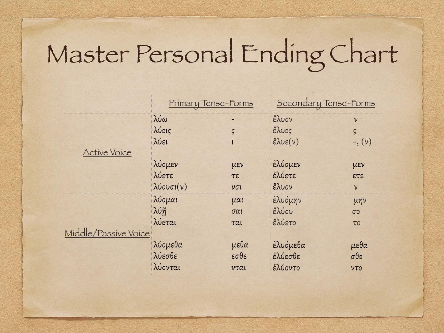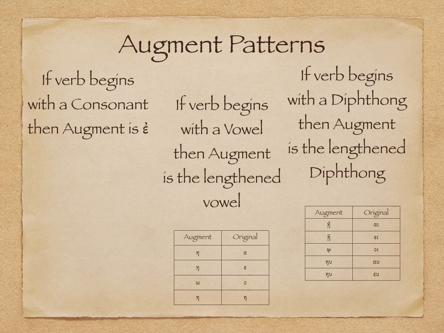Come back to the personal ending chart again. You'll need to just memorize this. And let's think for a minute about that augment. Again, the augment is the prefix that signals past time and which kind of ending, primary or secondary. It's the secondary endings. If the verb begins with a consonant, epsilon is the augment. Easy rule.